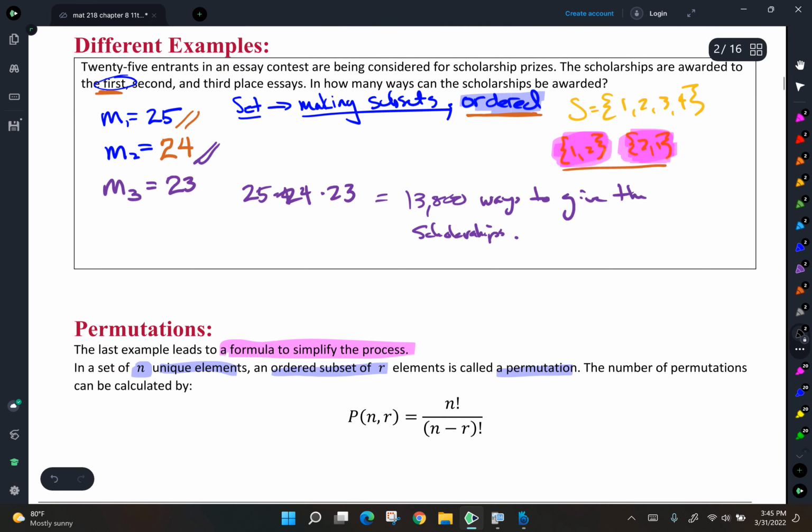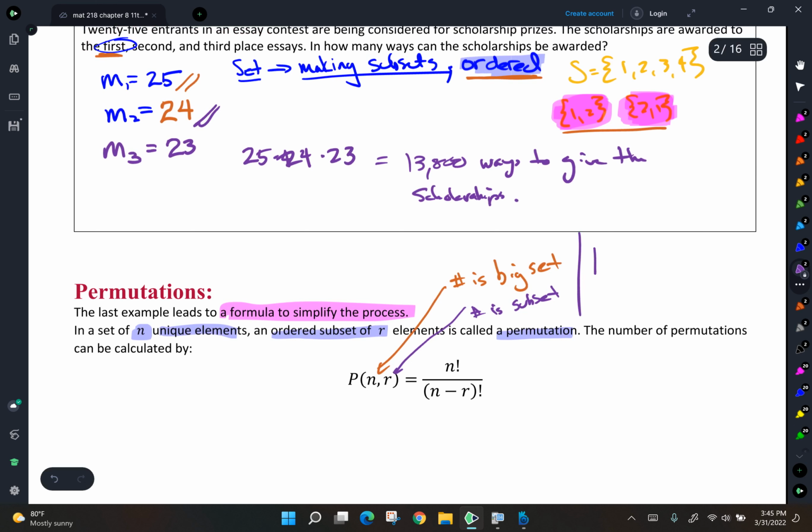So the n in this formula down here is the number in the big set that we're pulling elements from, and that r down there is the number in the subset. So then for our example up above, we will be finding the permutation of 25P3.